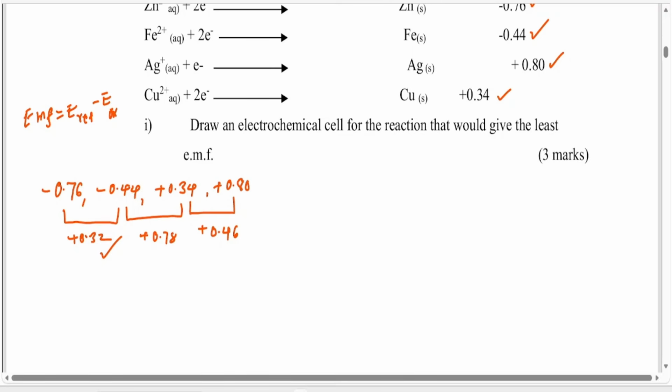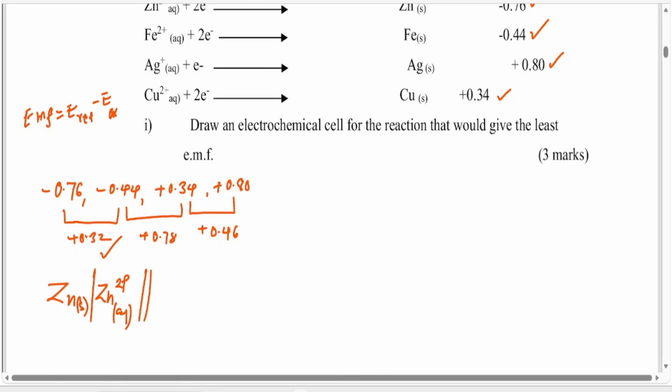I place the one undergoing oxidation on the left hand side and the one undergoing reduction on the right hand side. So I will begin with zinc solid undergoing oxidation to form zinc 2 ions, aqueous.